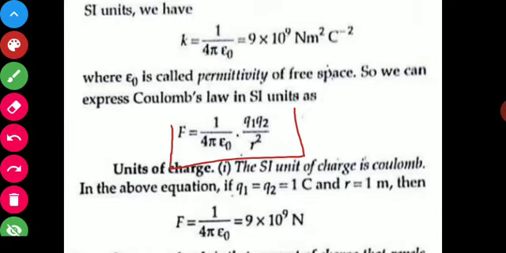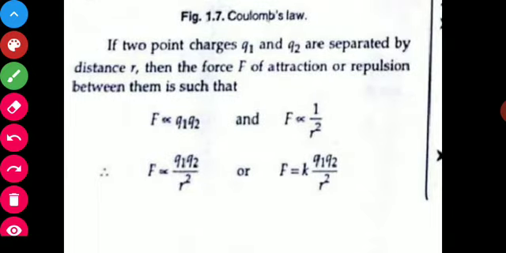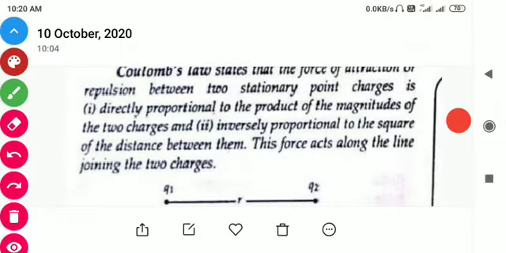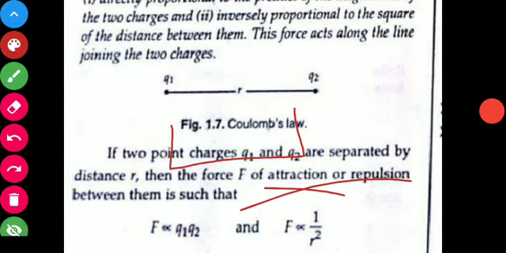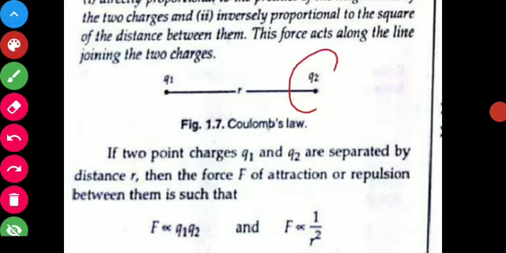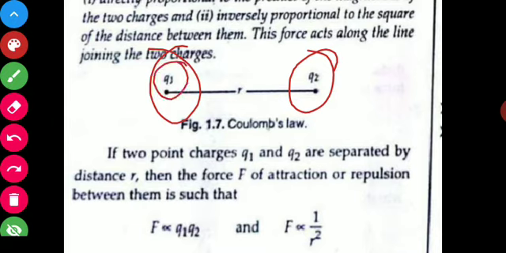Now this is the final expression for Coulomb's law, and always remember how to state Coulomb's law. Just state it like this: if there are two charges q1 q2, then the force between them will be directly proportional to the product of charges q1 q2, and also it will be inversely proportional to the square of the distance between them.